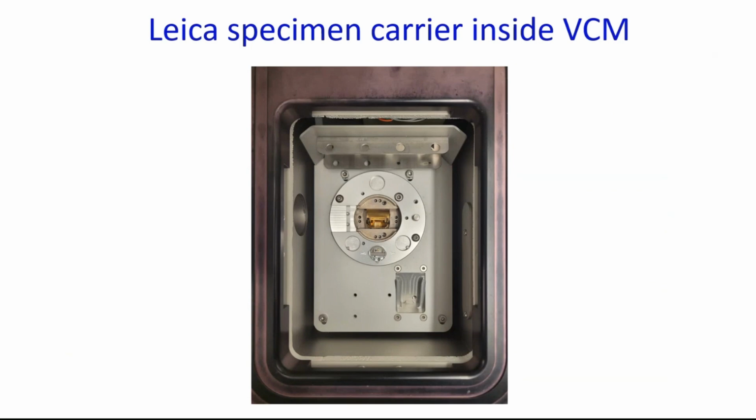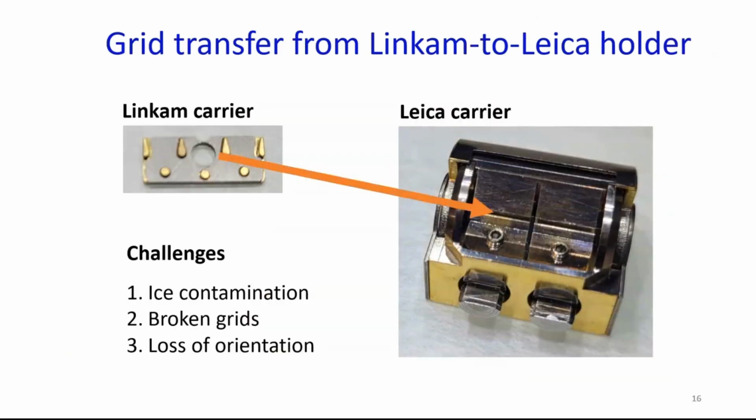So we have to transfer that frozen grid from our linkum stage. Again, our grid is right up there inside the middle of the linkum carrier. And you have to try not to have too much coffee that morning.